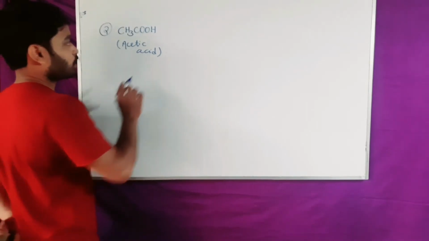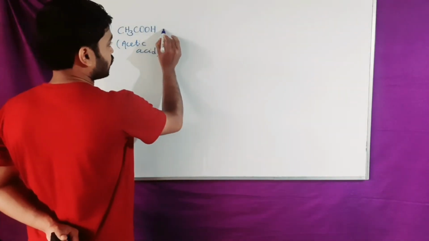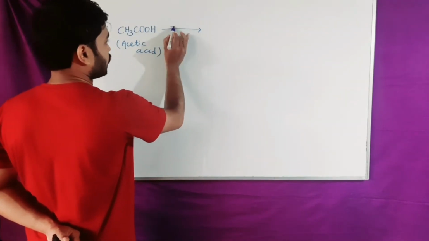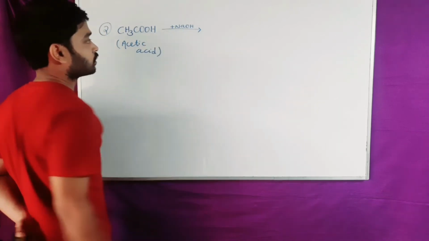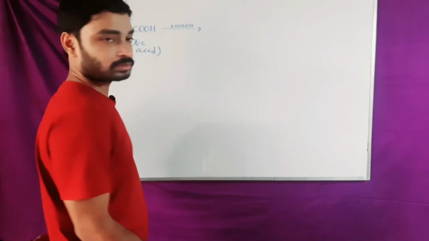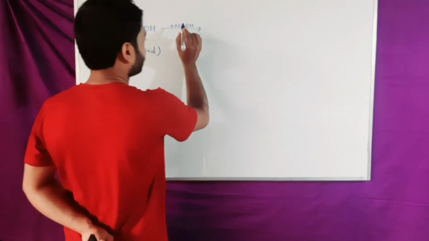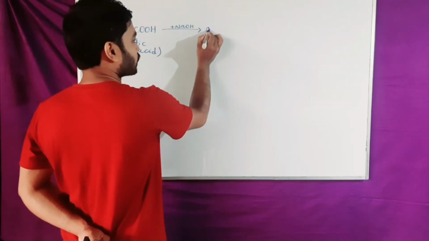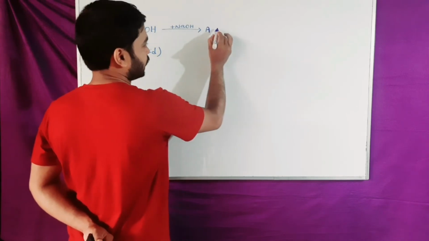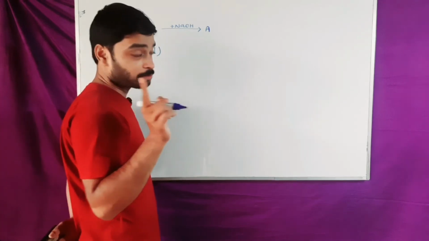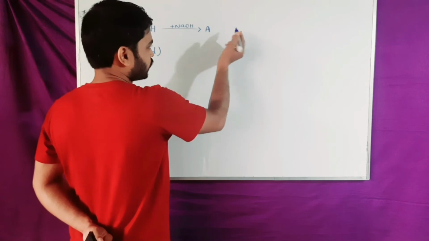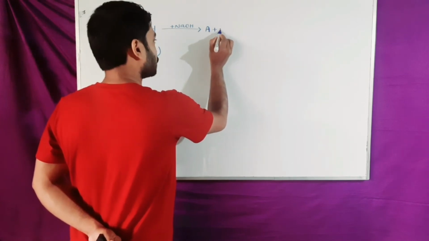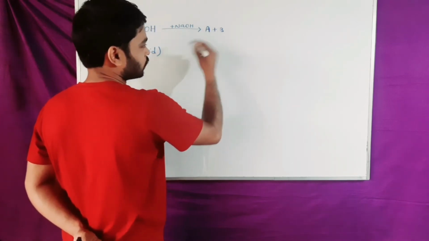In this case, what happens? I will just add NaOH here. So you should identify the product A. Mainly write the main product. I am not explaining the byproduct, but you can mark it as B if you want to write it.